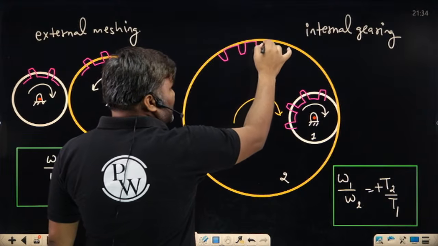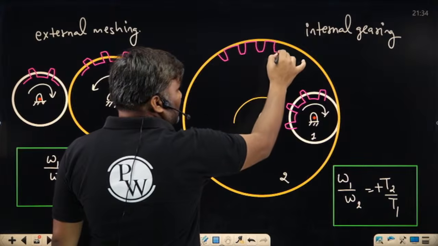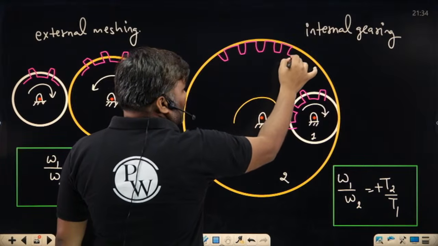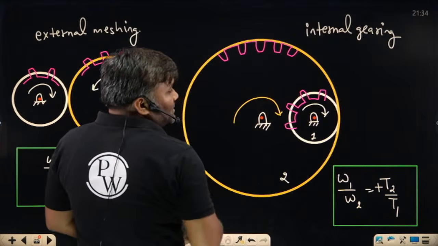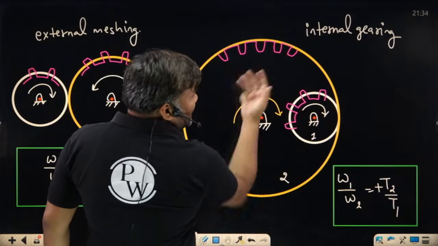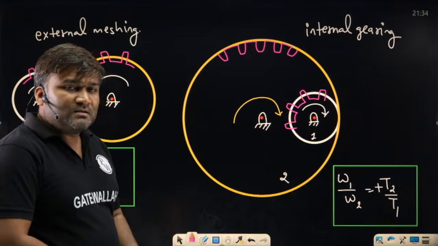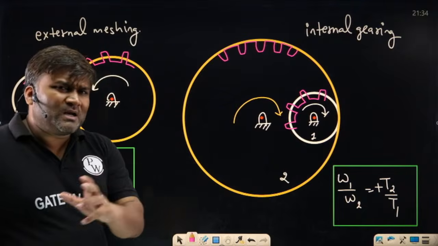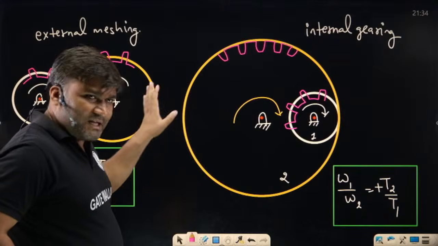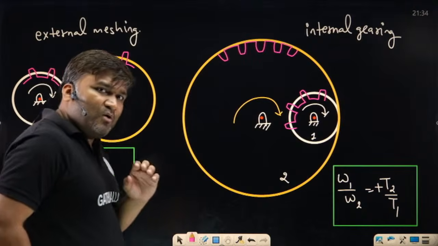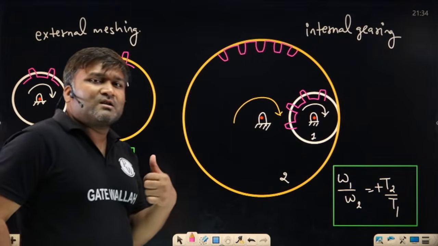It will be having teeth like this. Inward direction में. So these teeth are going to engage with these teeth. How this situation looks, I hope this is clear. And you can Google it for some clear picture. I haven't taken those pictures. You can Google it. How internal gears, how external gears are going to engage.